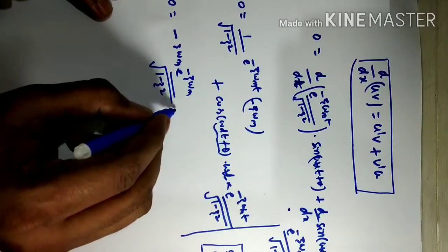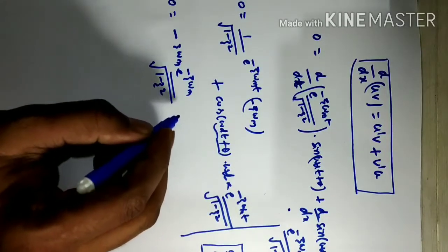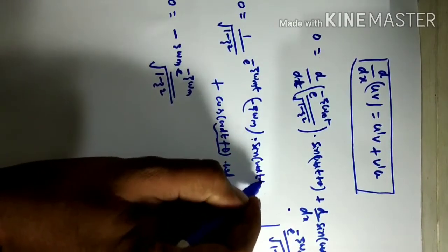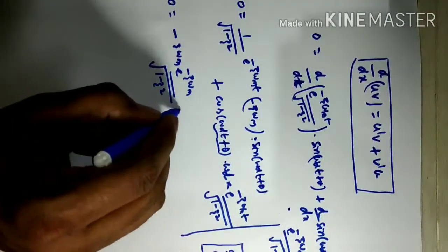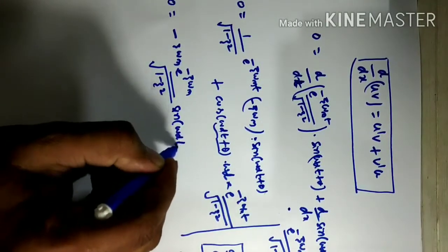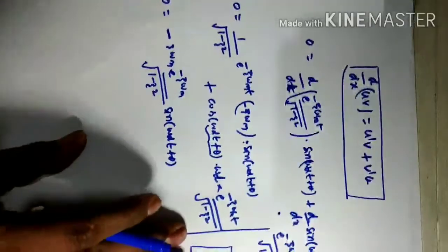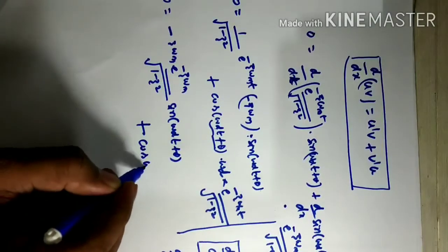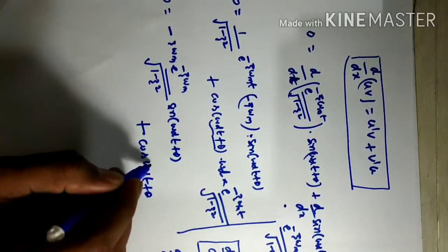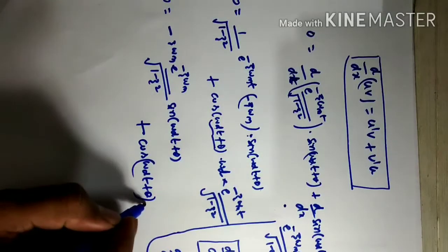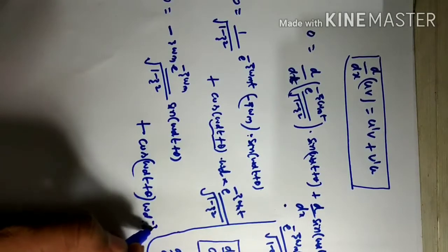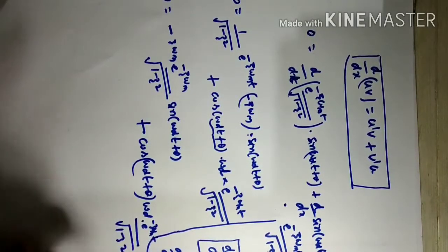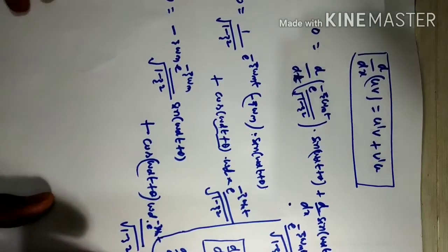So cos should be multiplied here, sine(omega_d t plus theta), plus cos(omega_d t plus theta) into omega_d into e raised to minus zeta omega n t by root 1 minus zeta square, okay.